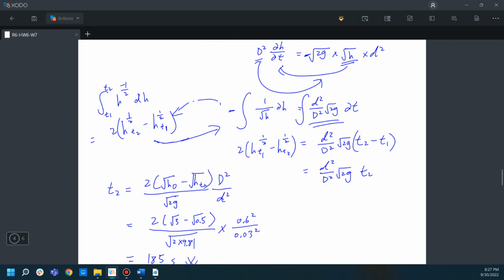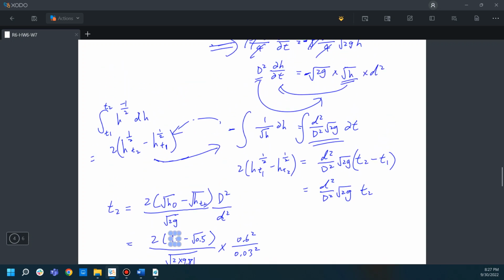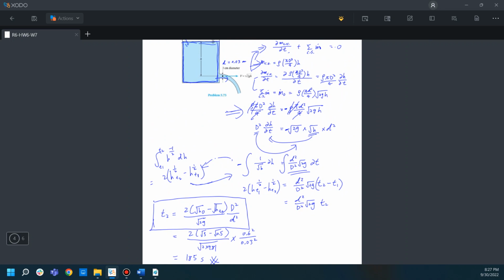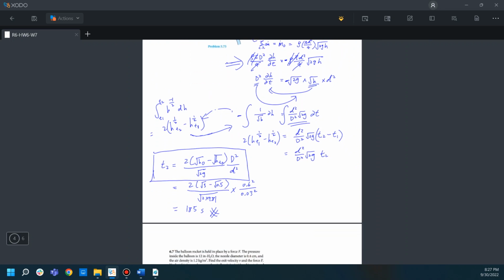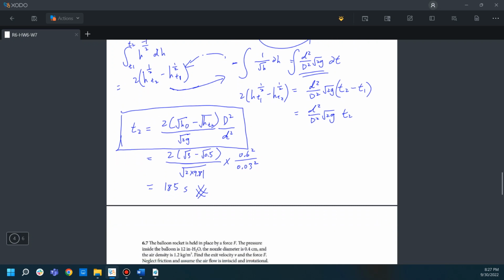After you plug this integration back into the original continuity equation, you get our final equation when you isolate the time T from the continuity equation, which is shown here. Then you just plug in the numbers and you can calculate the answer for this problem. So make sure that you know how to derive the equation, because that is the main focus when writing the homework. It's not about the number, but about how you derive all those equations step by step.